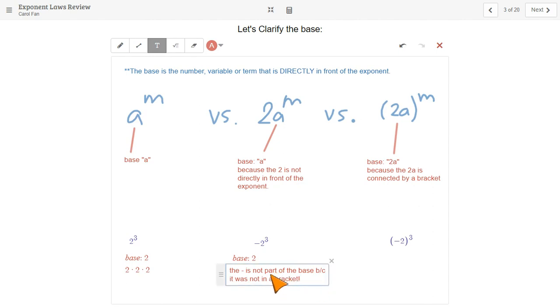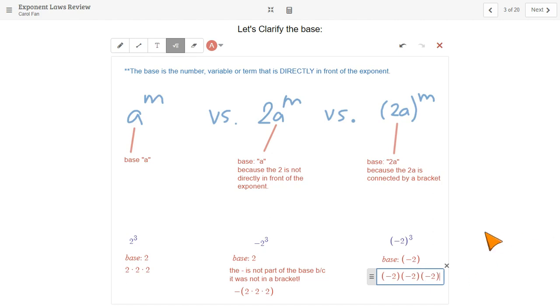So since it's not part of the base, it's like we have a coefficient of negative, and that's being multiplied by 2 times 2 times 2. Now, in our last question here, negative 2 in a bracket to the power of 3, our base is negative 2. And so our question, when I expand it, would become negative 2 times negative 2 times negative 2.